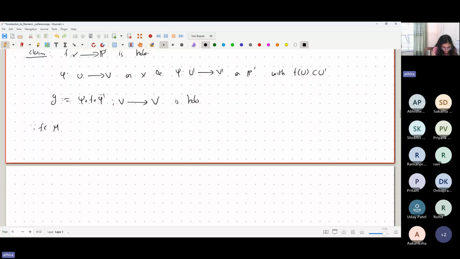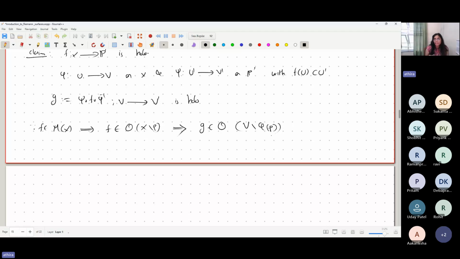Since f is a meromorphic function on X, f is holomorphic on X minus P. By the definition of meromorphic function, G is holomorphic on V minus phi of P. The idea of the proof is that we will use the Riemann removable singularity theorem.